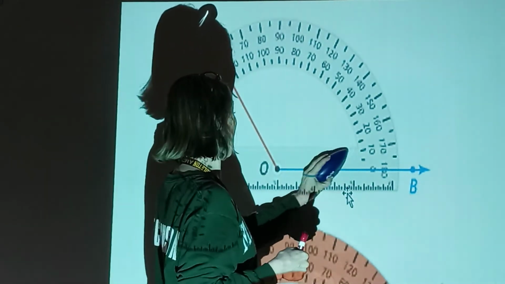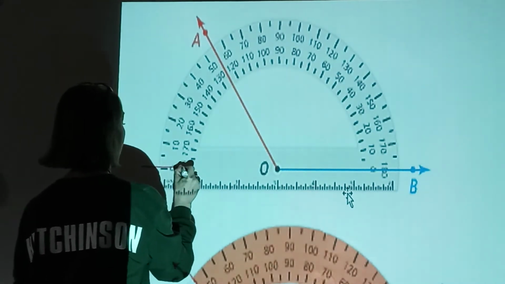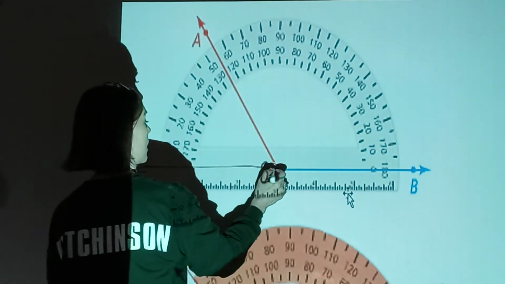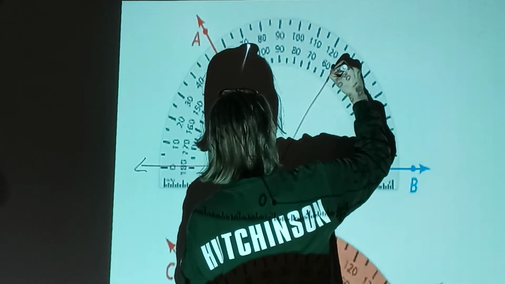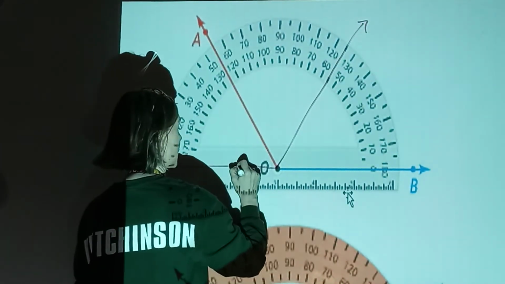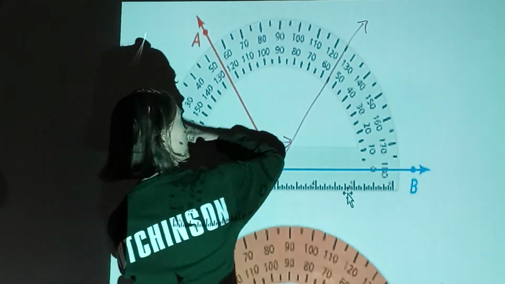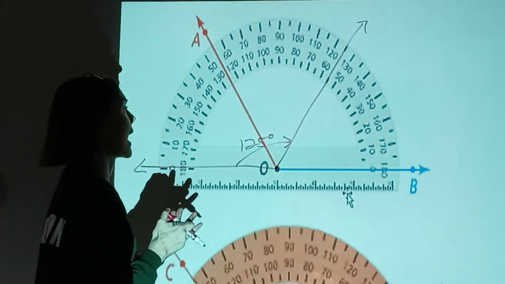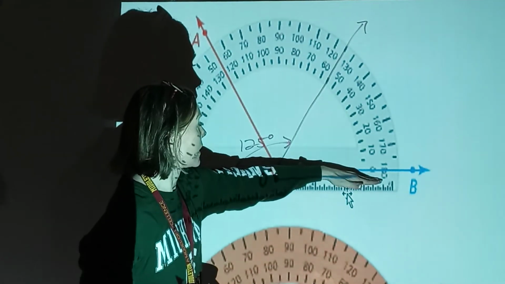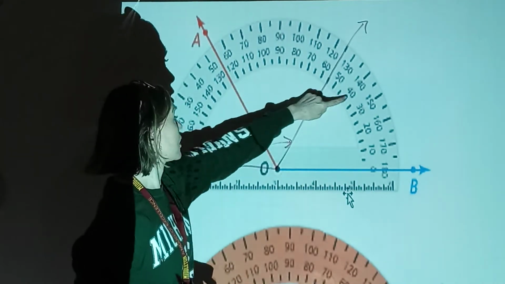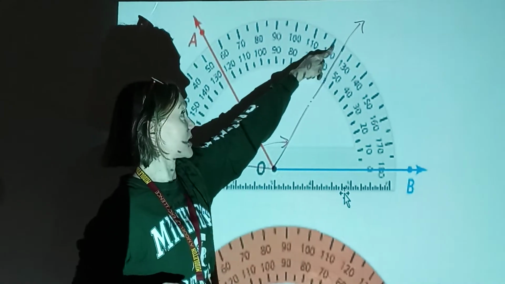But if it was the other way, right, if it was this way, okay, and I'm going to try to do as best I can. Okay, from here to here is also 125 degrees. From here to here, okay, where I had to use the top. So from here to here, I had to use the bottom row, right? But then from here to here, I had to use the top row.